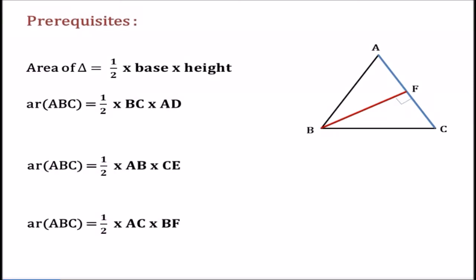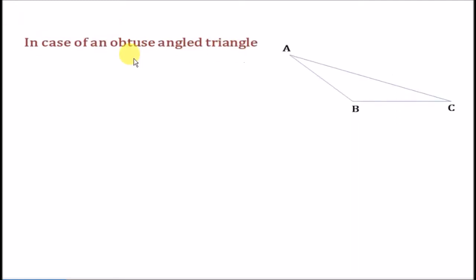Drawing perpendicular over a triangle in case of a right angle triangle or an acute angle triangle is not a problem. But what if we have an obtuse angle triangle? So here we have an obtuse angle triangle where angle B is obtuse. Now, if we consider BC to be our base, drawing perpendicular from the opposite vertex A within the triangle is not possible.